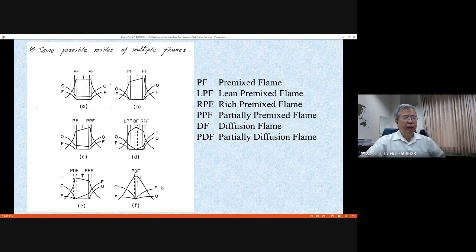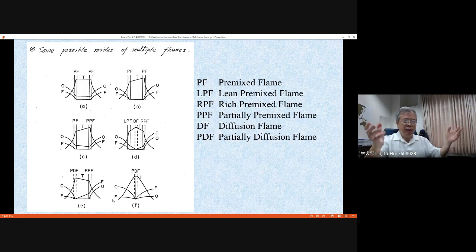Now look at the final case. They tell you there is both fuel and oxygen supplied from both sides. Okay, but you need to identify a little bit here. On the right hand side, oxygen is just a small amount, and fuel concentration on the left hand side is also a small amount. Therefore, you can see the major reactants to support the burning in the middle are basically fuel from the right hand side and oxygen from the left hand side.